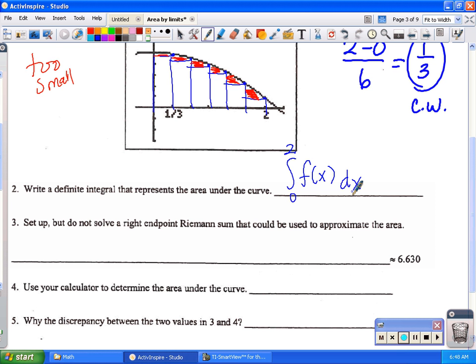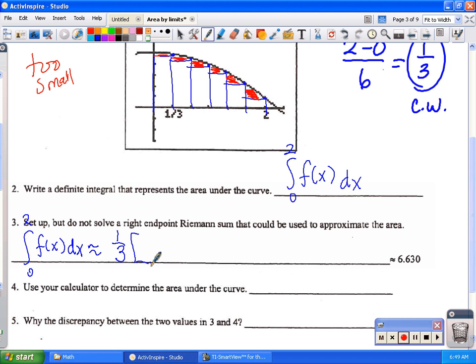Number 3 says, set up but do not solve a right endpoint Riemann sum that could be used to approximate the area. Well, we already have our definite integral, so I'll write it again. We're going to collect area from 0 to 2 of f of x dx, and that's going to be approximately, since we have 6 rectangles with a common width of 1/3, there's my common width, I'll leave that on the outside.